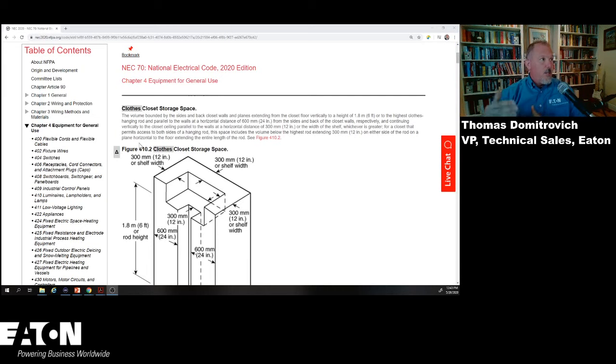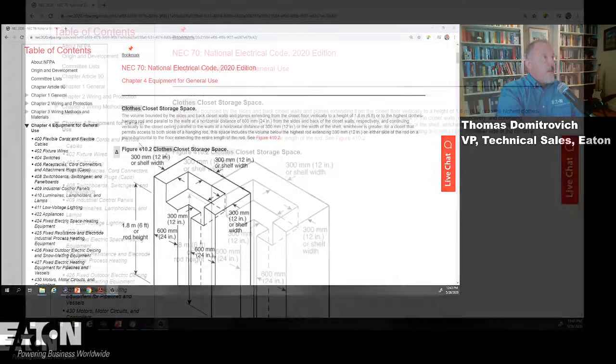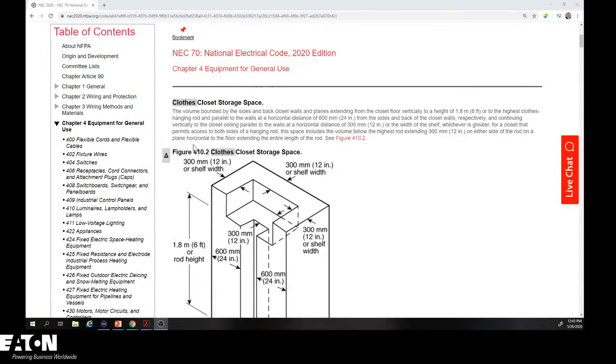So closed closet storage space is defined as the volume bounded by the sides, back, closet walls, and planes extending from the closet floor vertically to a height of 6 foot, or to the highest closet hanging rod and parallel to the wall.